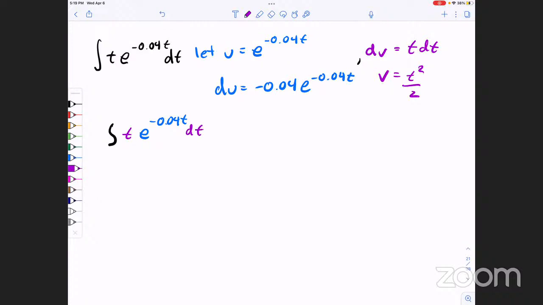So that's our U dV. This is going to be equal to U, which is this guy, times our V, which is this guy. And we're going to say minus the integral of V du. Okay. Does this help us?